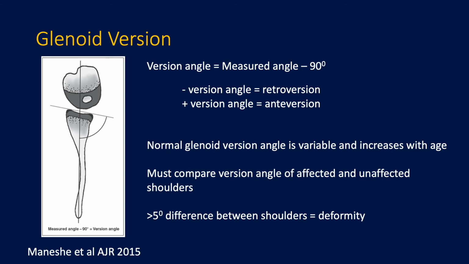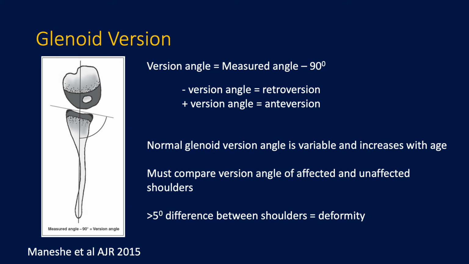This angle then has 90 degrees subtracted from it, resulting in a negative version angle, which would be retroversion, or a positive version angle, which would be anteversion.